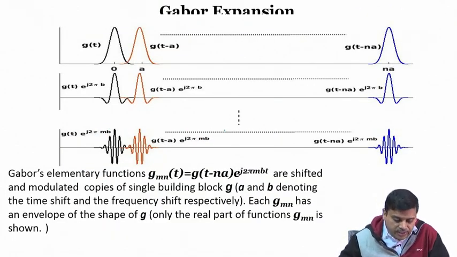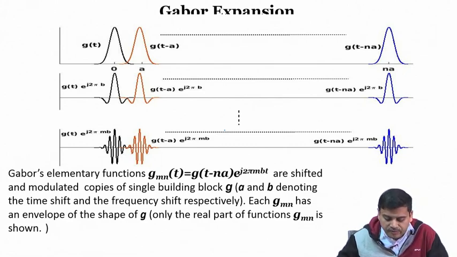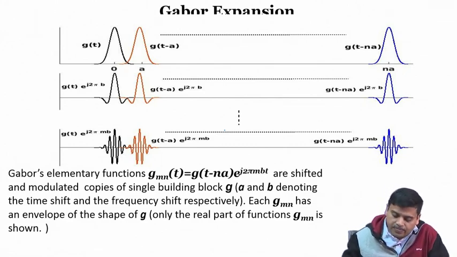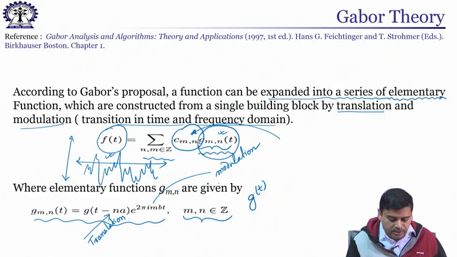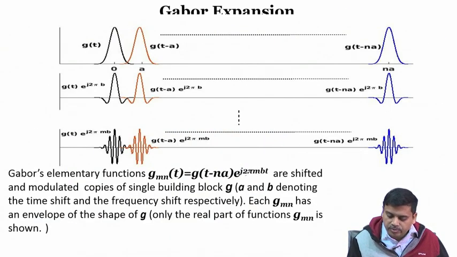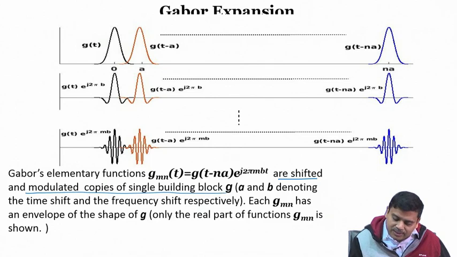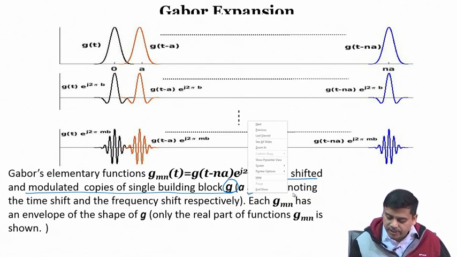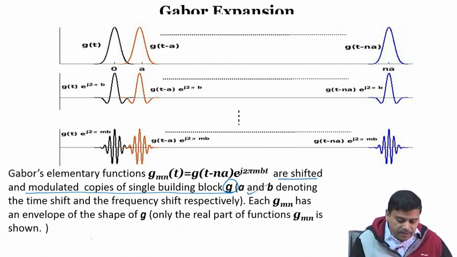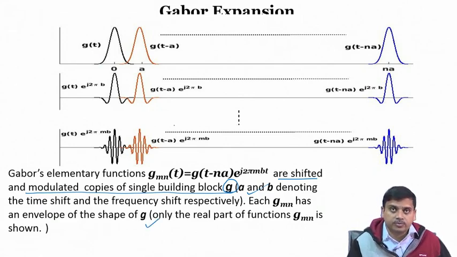Let us look at this. What we have over here is the Gabor's elementary function gmn of t, which is basically g of t minus na, what we saw over here, and e to the power of j 2 pi mb t, are shifted and modulated copies of the single building block g. That is what we said, and a and b denote the time and frequency shift respectively. Each gmn has the envelope of the shape of g, and only the real part is shown in this particular picture.